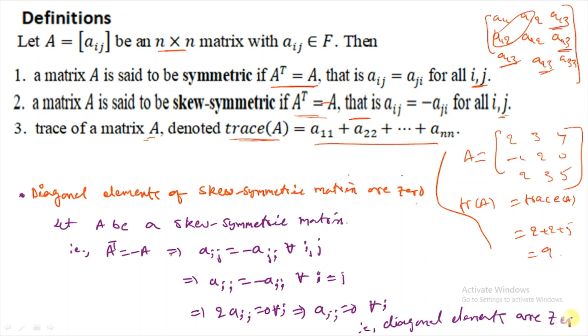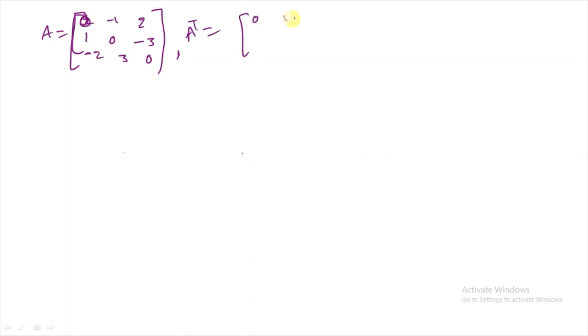If you say a matrix is skew symmetric, the diagonal elements must be 0. For example, suppose A is equal to 0, 2, minus 1; minus 2, 0, 3; 1, minus 3, 0. This is a 3 by 3 matrix. I can check it. A transpose is equal to 0, minus 2, 1; 2, 0, minus 3; minus 1, 3, 0.